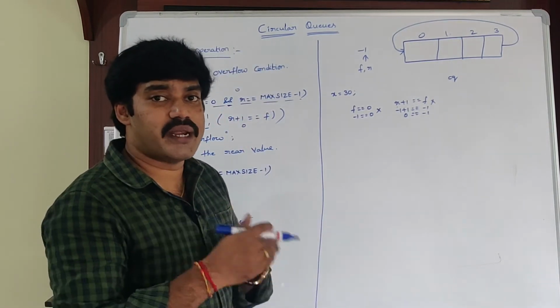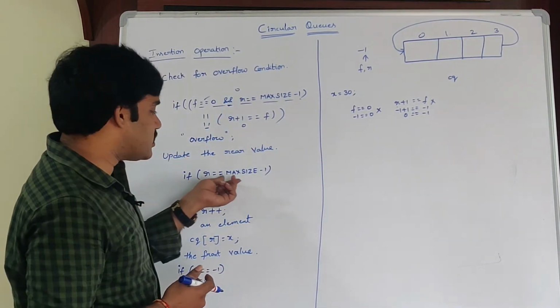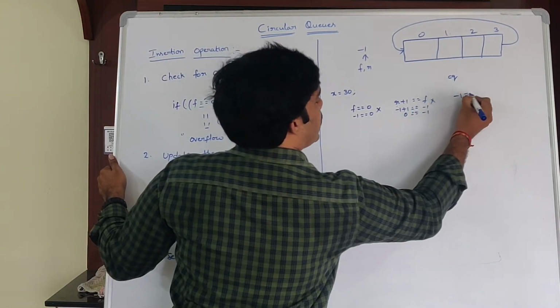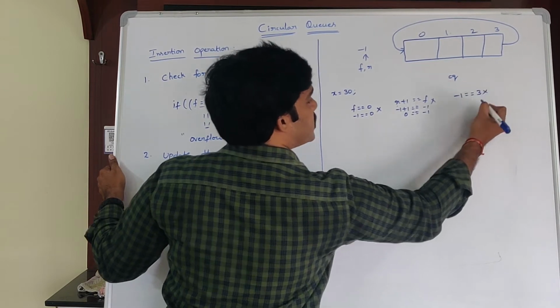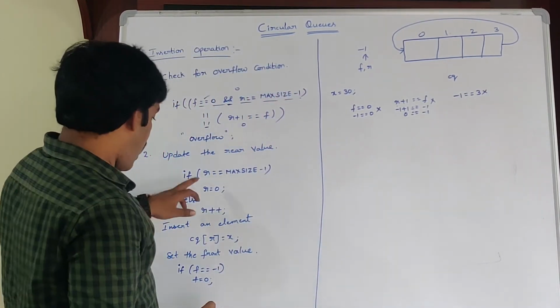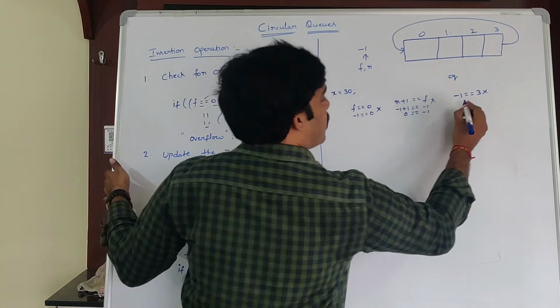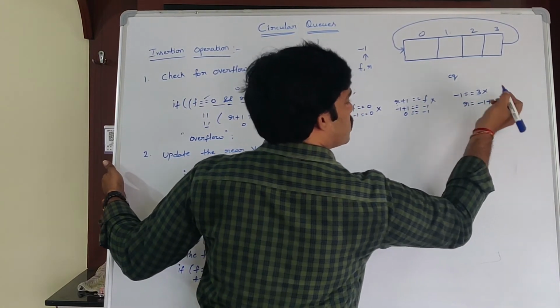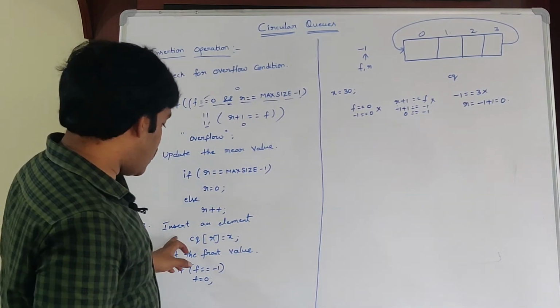Then how to update the rear pointer? Has rear reached max size minus 1? What is the value of rear? Minus 1 double equals 3? No, condition is false. Then update the rear pointer. R is equal to R plus 1, minus 1 plus 1 is nothing but 0. Next, what is the third step?